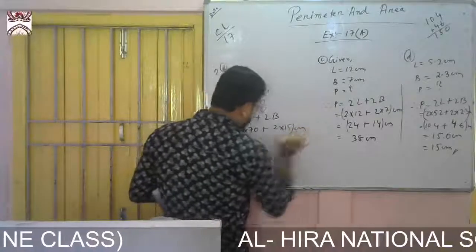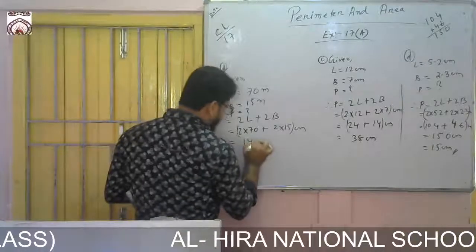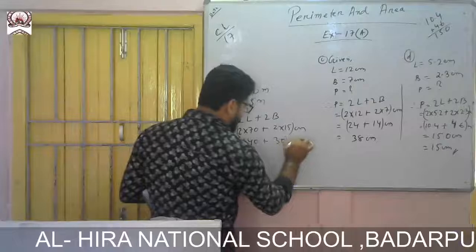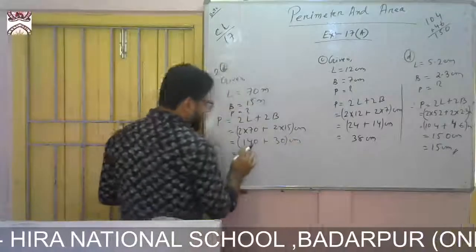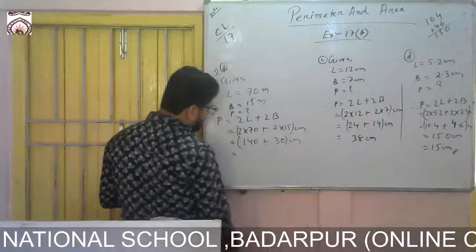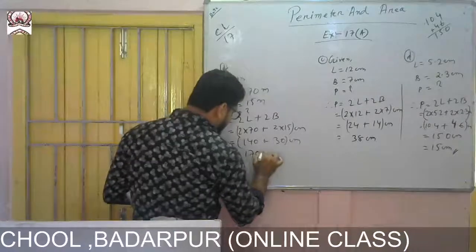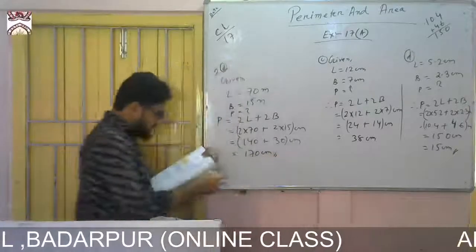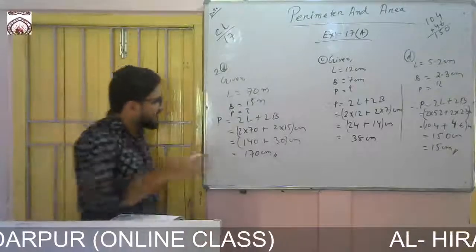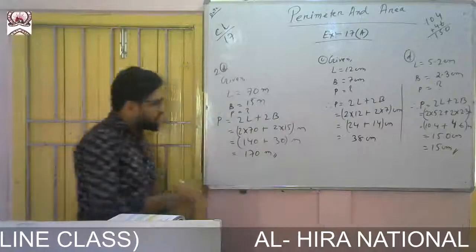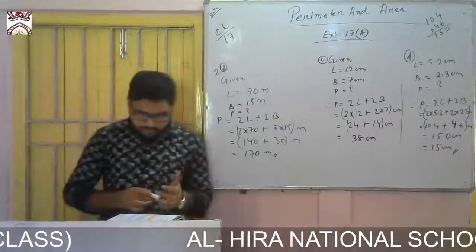So 140 if you multiply, then 2 fifteens are 30. Then 4 plus 3, it is 170. All are meter, so 170 meter.